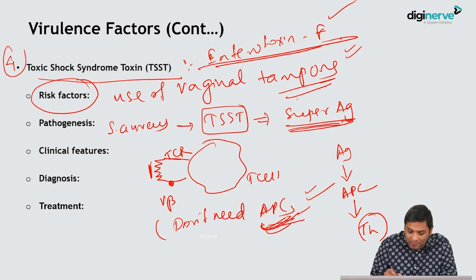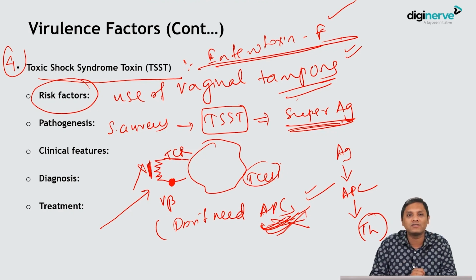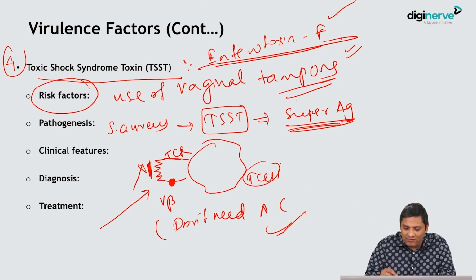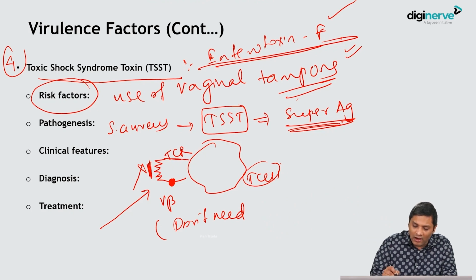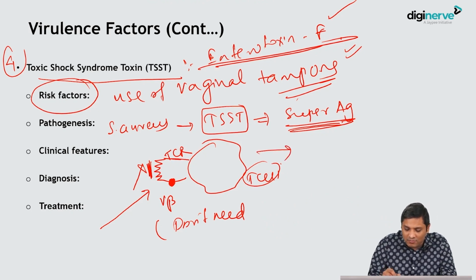In fact, they bypass the antigen presenting cell and can directly activate the T cells by binding not to the antigen peptide groove, but to a special site called the variable beta region of the T cell receptor. Such binding is non-specific.